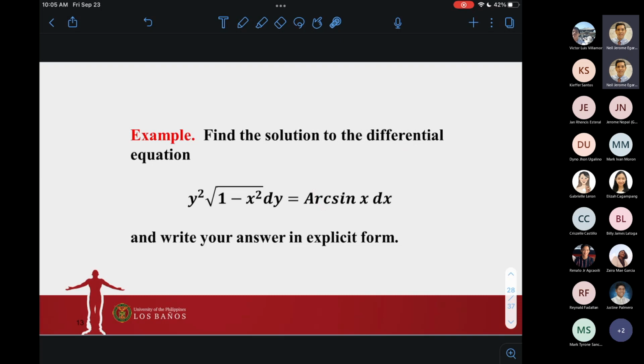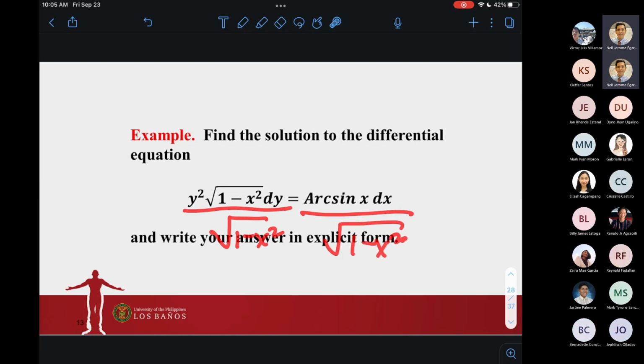Puro x lang yung nakikita natin dyan. Ang problema ay nandun sa left wherein you have this expression involving x, pero nakasama siya dun sa mga may y. But that's not a big problem. We can simply divide both sides by the square root of 1 minus x squared, and then we'll have a separated DE, right? The variables will be separated from each other.